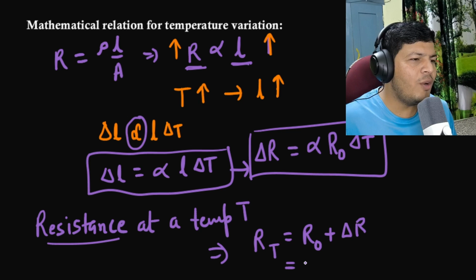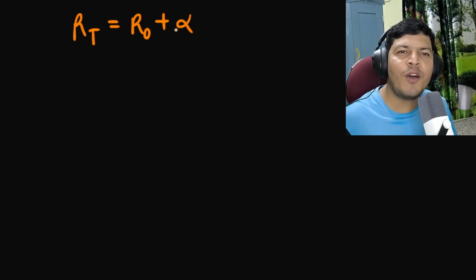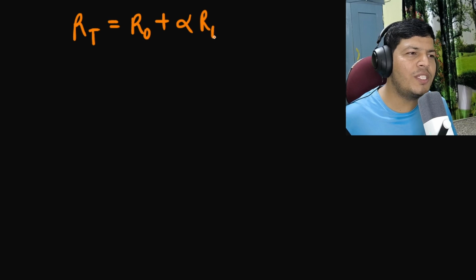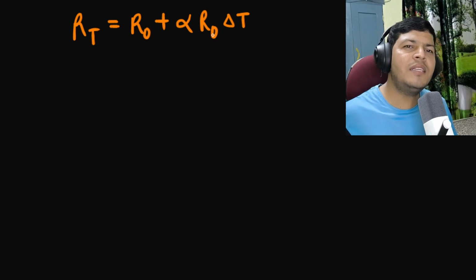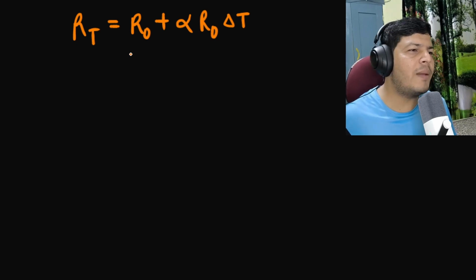Now put the value of delta R. It will be alpha R0 delta T. So this is our equation: R_T, the resistance at a particular temperature, will be equal to R0, the original resistance, plus alpha, the temperature coefficient of resistance, times the original resistance, times the change in temperature. This may be a rise in temperature or maybe a decrease in temperature. Both can be possible.